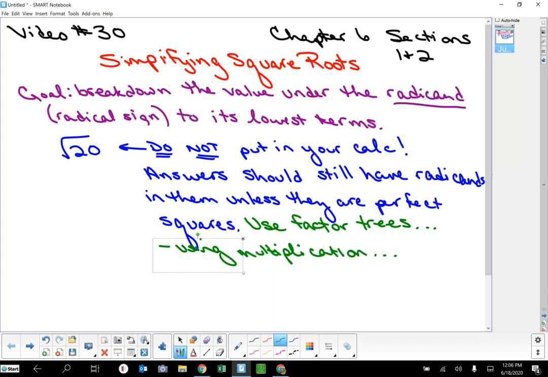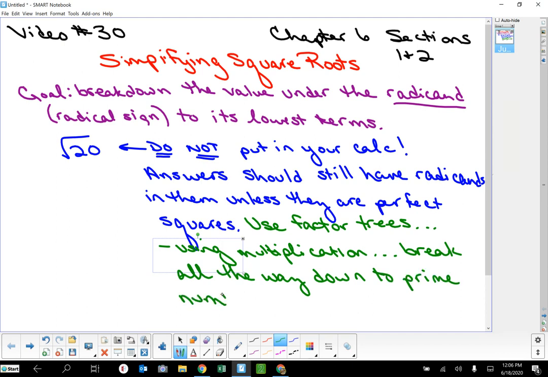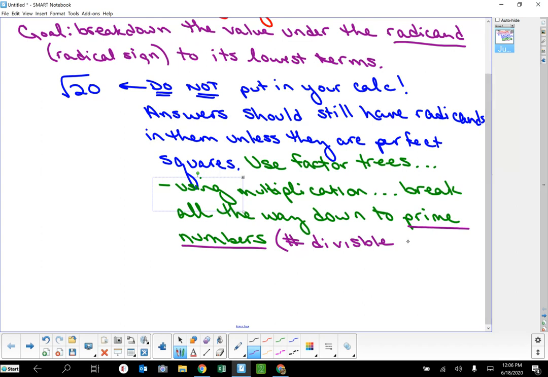Often you want to break down to prime numbers. Remember that a prime is a number divisible, which means evenly divided, by 1 and itself, like 5.